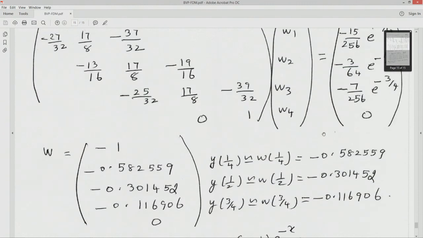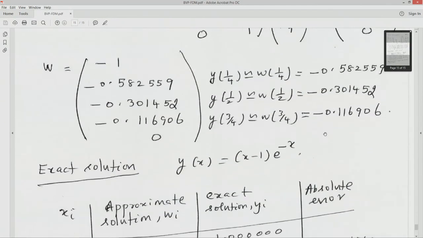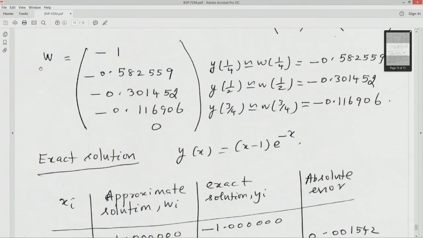So, we solve this system and obtain the solution vector W as this, which gives us the approximate solution at the interior points 1 by 4, half and 3 by 4, which approximate the exact solution y at these points, and the solution is given by this.